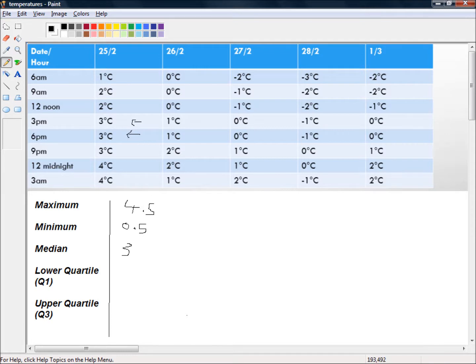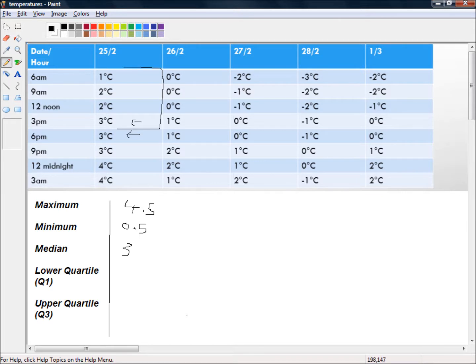Now our lower quartile is effectively the median of the lower half. So if we take the first half, we've got 1, 2, 3, 4, our first 4, and then we look for the median.